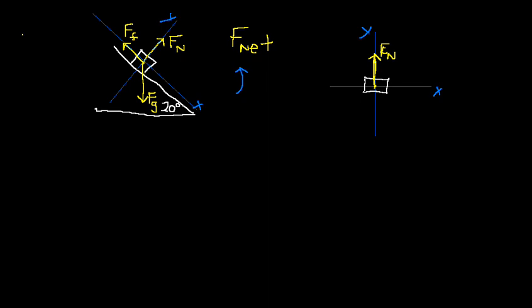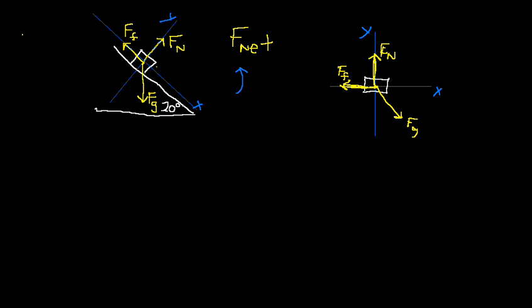Then the force of friction is acting this direction. So that's going to be our force of friction. And then, of course, we have the force of gravity acting like this. So there's force of gravity. Now remember, gravity's not acting at an angle. I just rotated this up so that we could see it a little bit easier.